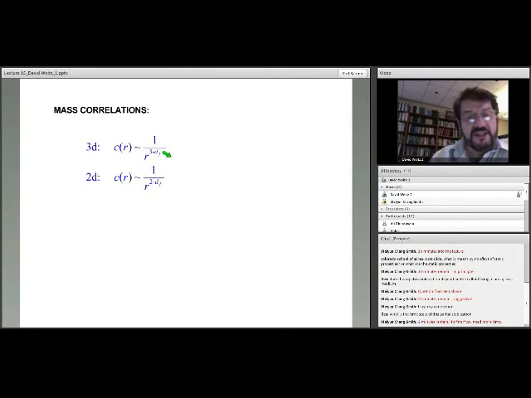So the correlation decreases as you go to larger distances if the fractal dimension now is less than not 3 but less than 2. So this is actually a nice way of telling the difference between an object that has a fractal dimension of 2 or 3. You can see correlations that fall off in the projected image.